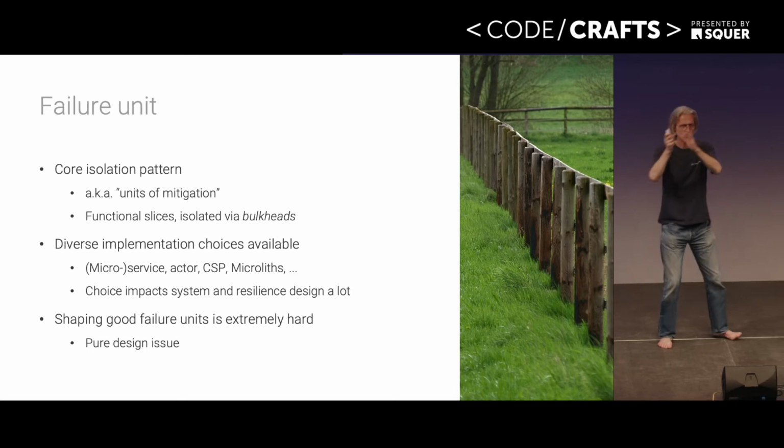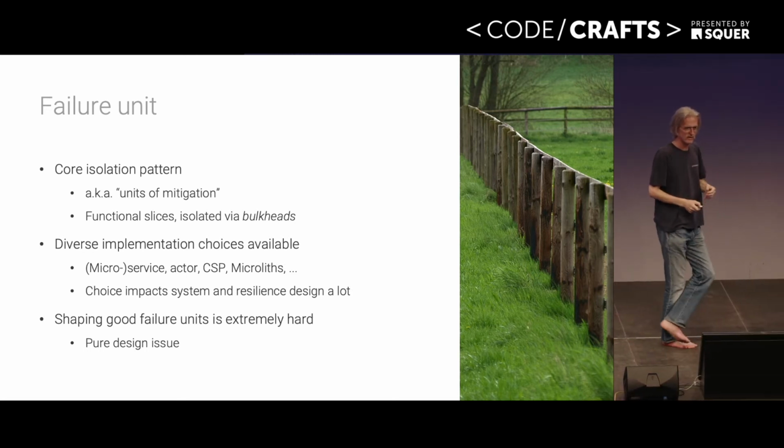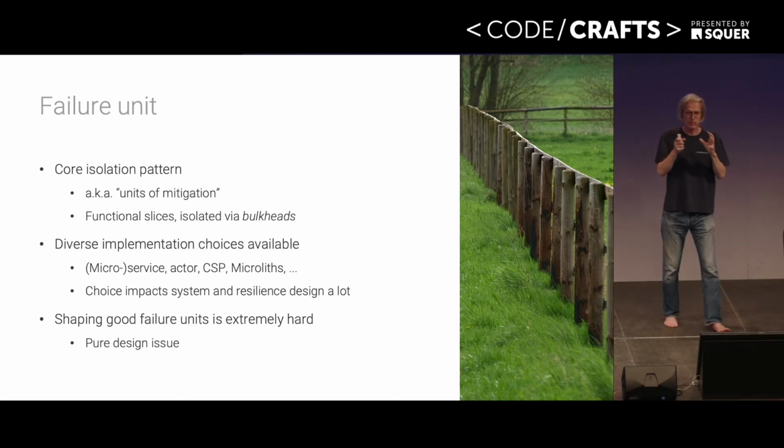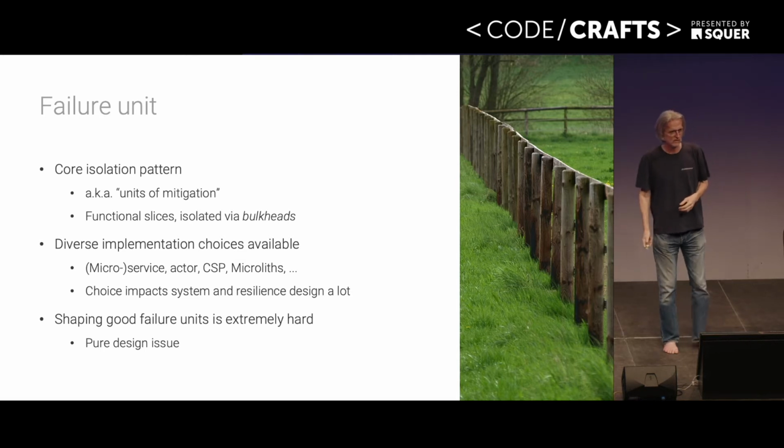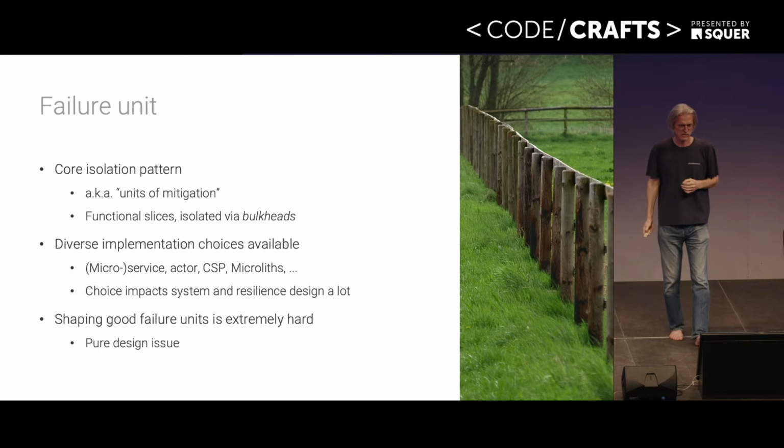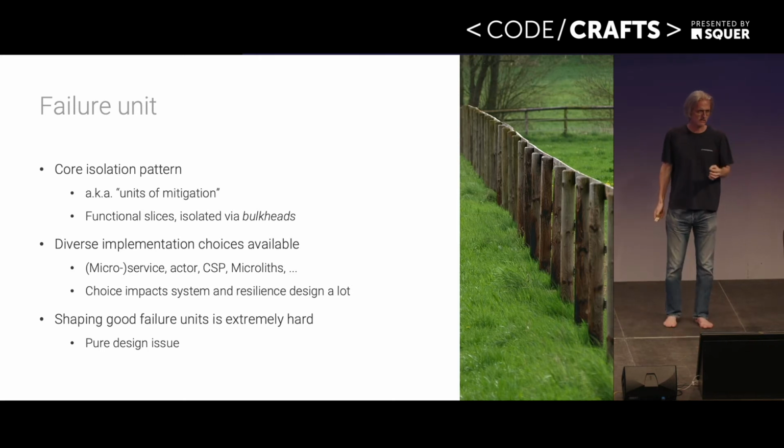What's in here, what's in there? And that's a pure design issue. There's no technology for that. That's just brain power, that's thinking, that's slicing your system. The functionality, not your technology. And that's hard. That's really hard.